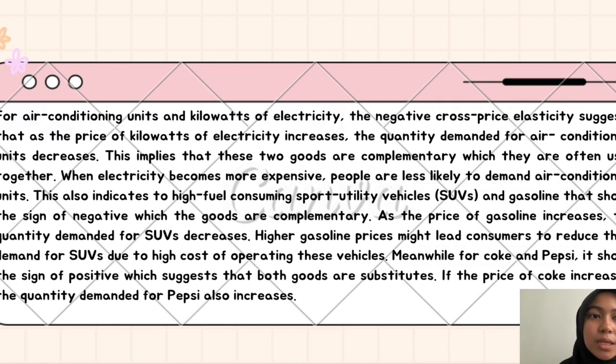This also applies to high fuel consuming sport utility vehicles, SUVs, and gasoline, which show a sign of negative, so the goods are complementary. As the price of gasoline increases, the quantity demanded for SUVs decreases. Higher gasoline prices might lead consumers to reduce their demand for SUVs due to the high cost of operating these vehicles.